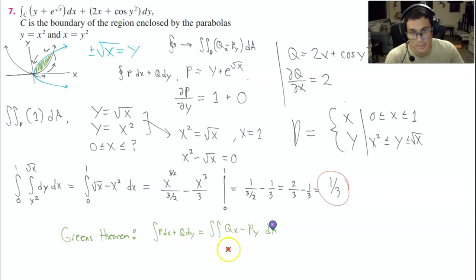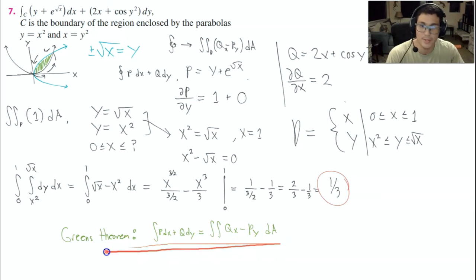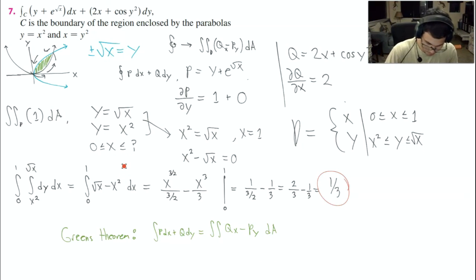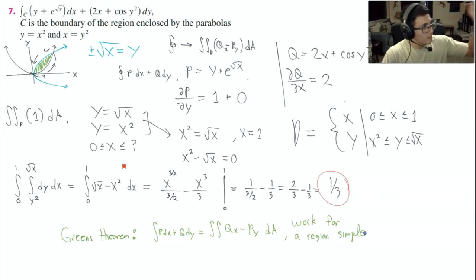And of course, there are obviously restrictions on when you can use Green's theorem, but we'll just write one of them. This works for a region that's simple, like there's no craziness going on here, no random holes, no cuts.